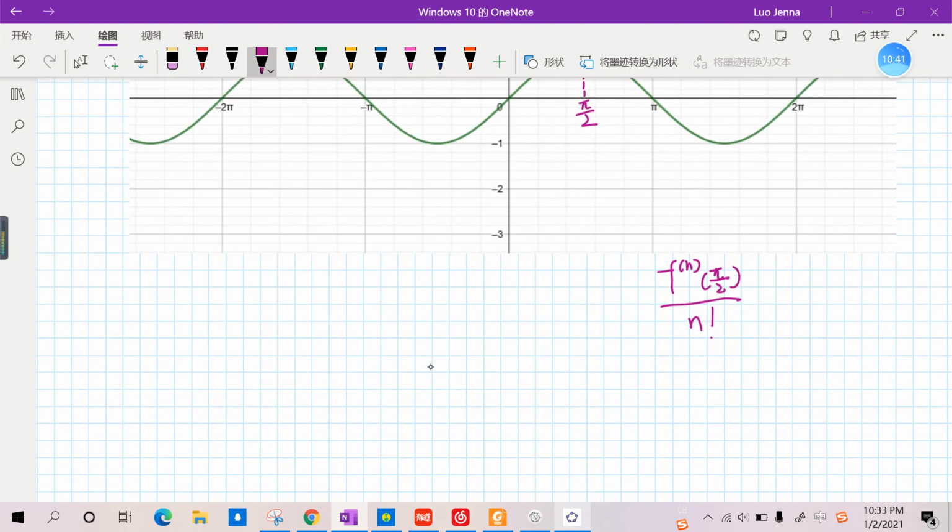And here, we can just treat it like the situation when x equals 0. So at this time, P(x) equals a0 plus a1(x minus a) plus a2(x minus a) squared, and so on.